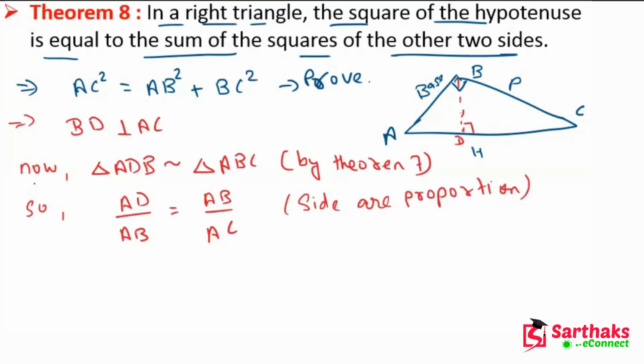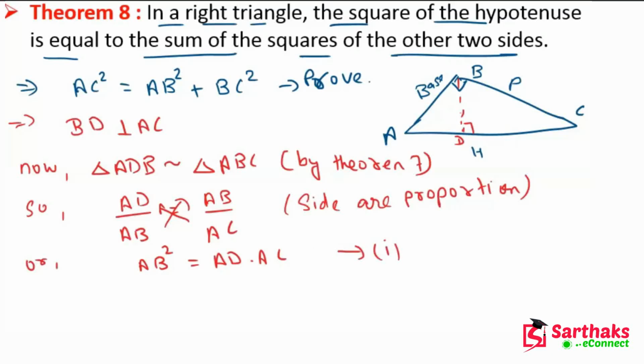If we cross multiply, this becomes AB square is equal to AD dot AC. So this is our first equation.